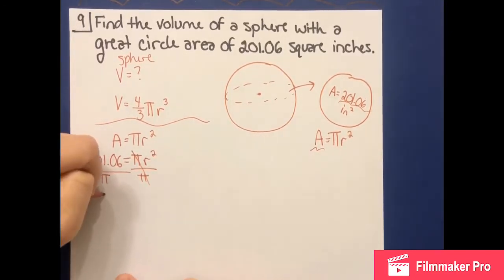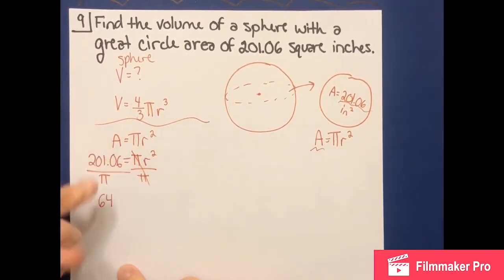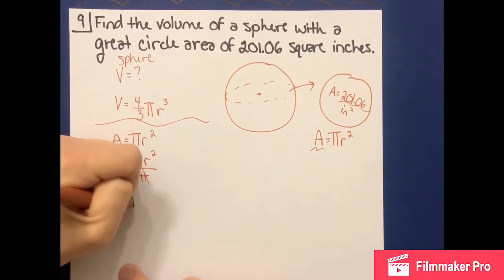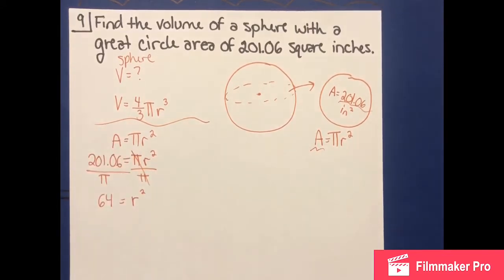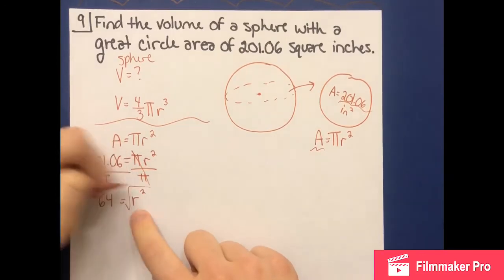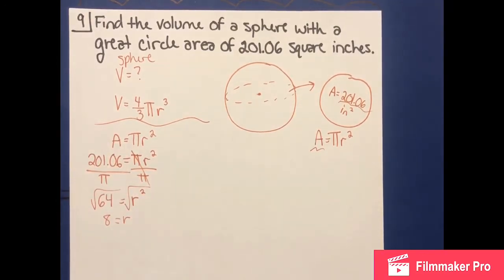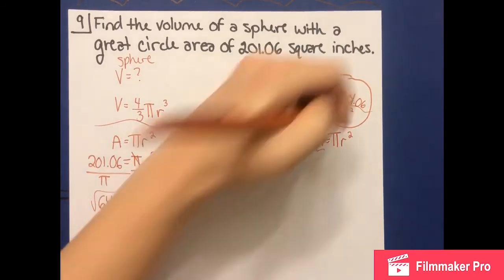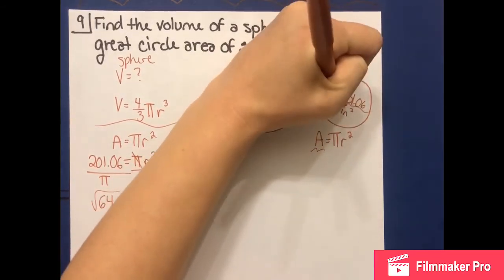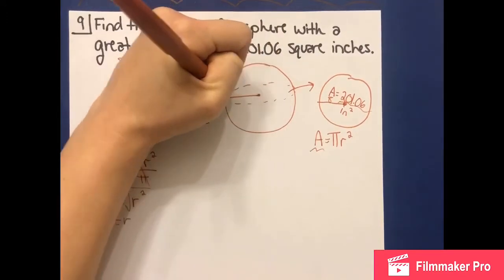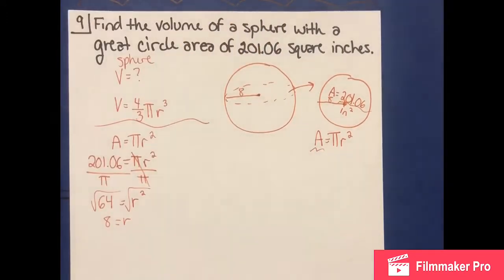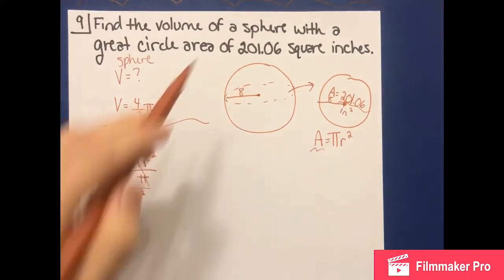We're left with 64 on this side equals r squared. I'm going to square root. I get 8 equals r. Okay, so that gives us the radius here, but if you look, same radius in the sphere, so we're just going to use that now in here.